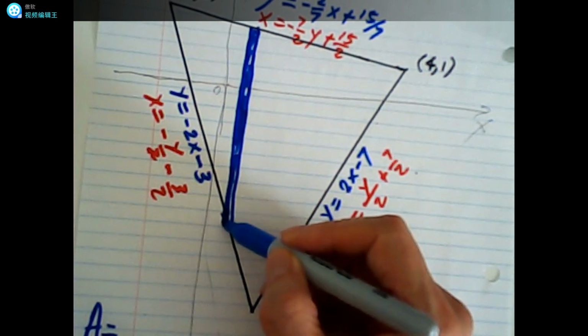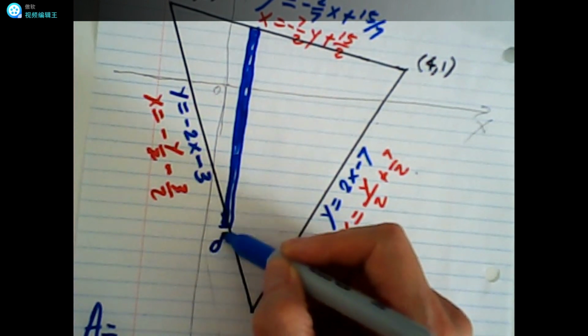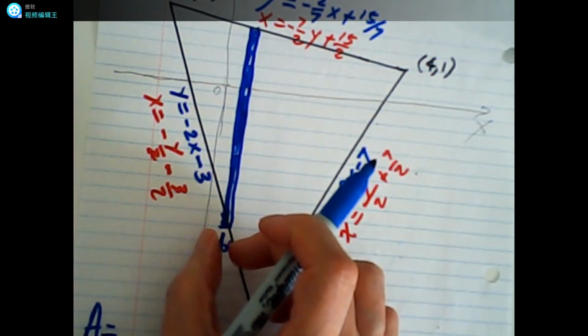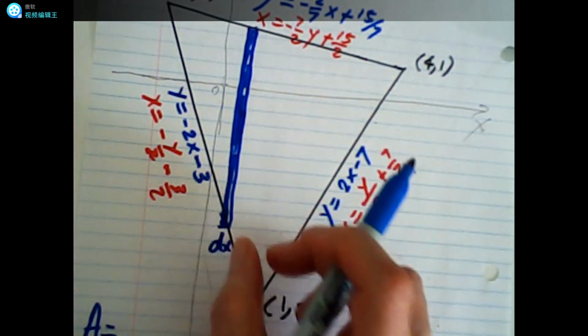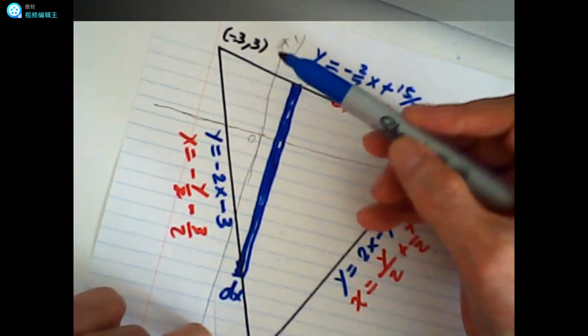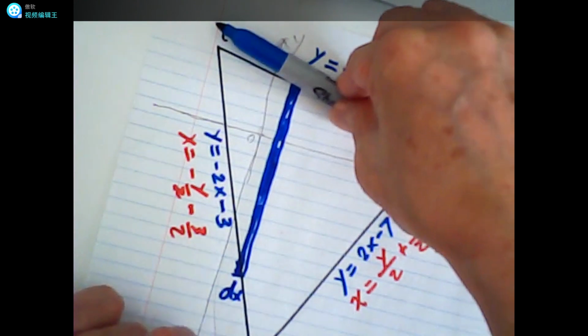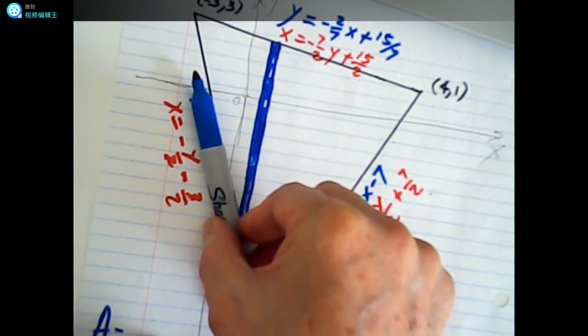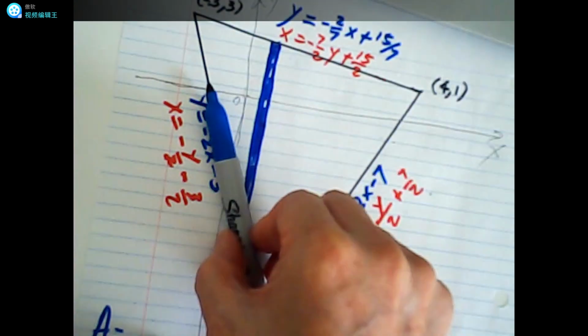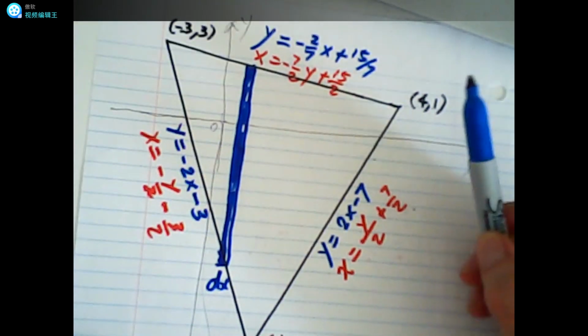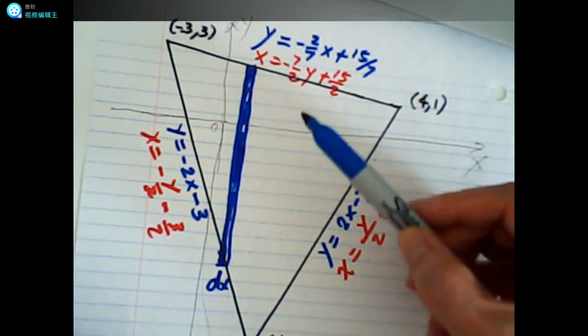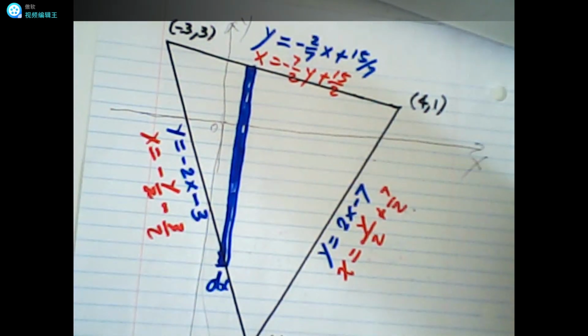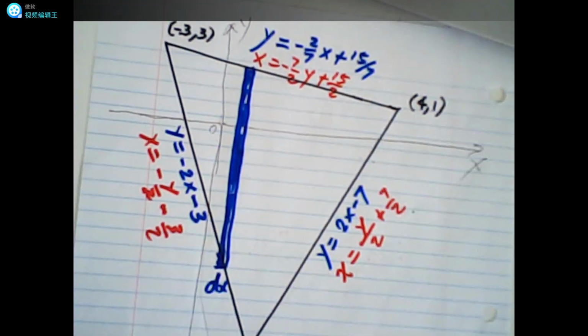The width is dx. See, that's the width. The length is this y1, say, minus that y2. y1 and y2 are functions of x. In that case, x is the independent variable, and we integrate with respect to x.